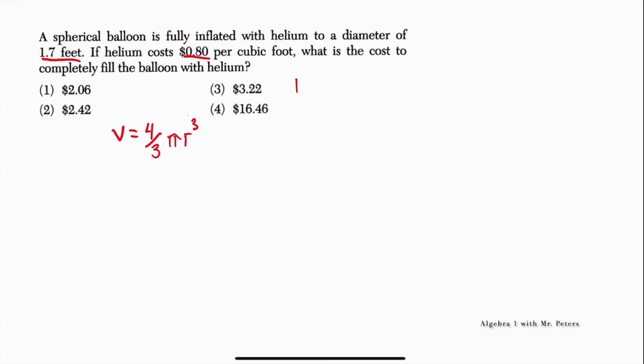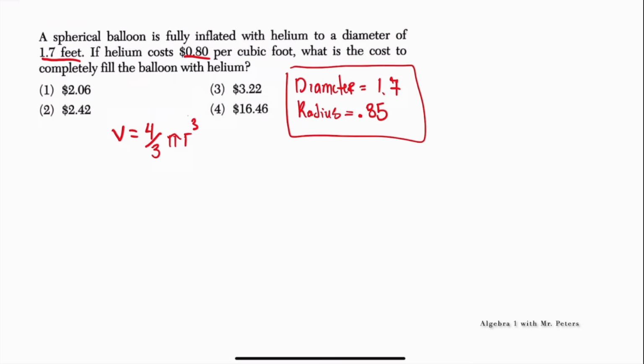And please just be mindful that the diameter is 1.7 and we need the radius, okay? So when we think about this, this means that the radius is actually equal to 0.85. And when we substitute, family, there's more than one way that we could substitute.